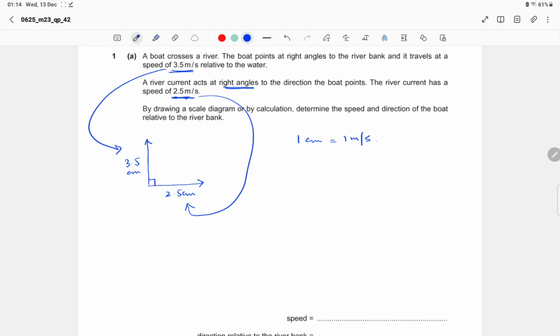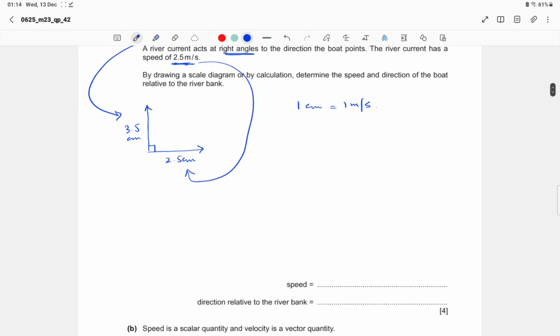Now you see they form a right angle triangle, so you can use the vector addition of forces by the parallelogram method or the tip to toe or head to tail rule. This is a right angle triangle, so I'm going to apply the Pythagoras theorem: hypotenuse squared equals perpendicular squared plus base squared.